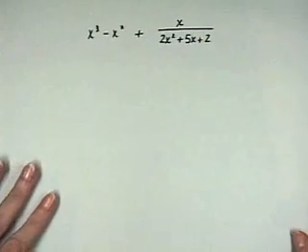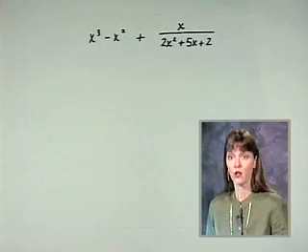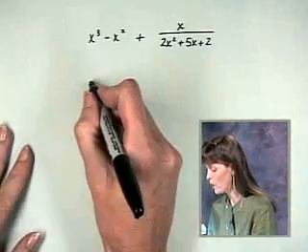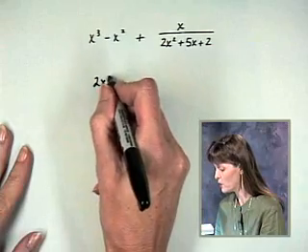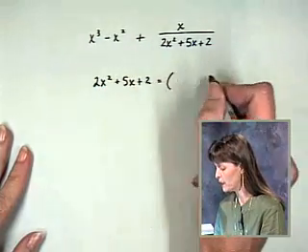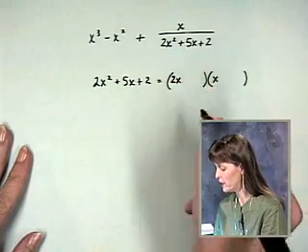Let's go back to our expression that we have in this problem. As we'd seen earlier, we've done the division and ended up at this point. We now know that we want to take the denominator, 2x² + 5x + 2, and factor this completely. This is factorable into the following linear factors.